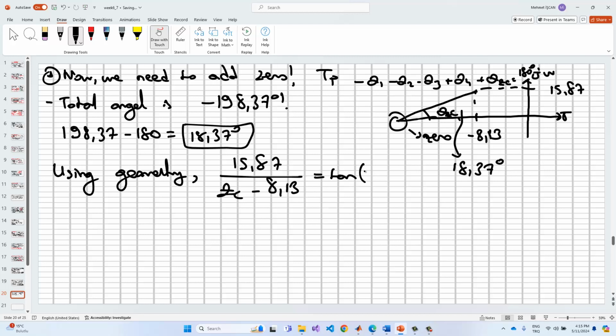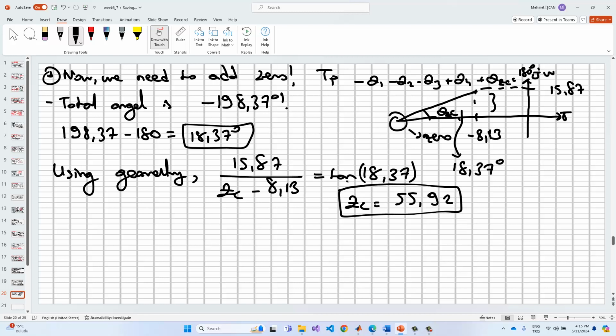The tangent of the 18.16, because this information is what? The 15 value, which is what? The zero closed loop pole minus 8.13 must be calculated from this one. And so from this equation, zc must be equal to what? The 5592. Okay?